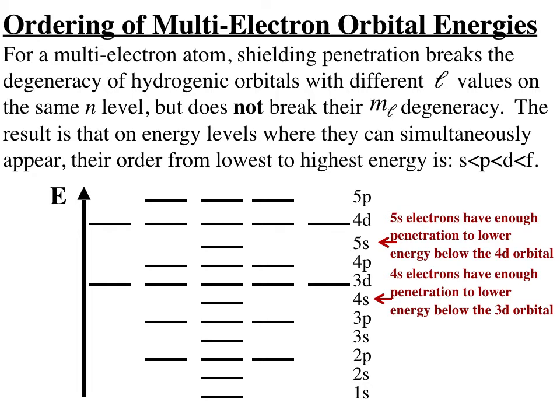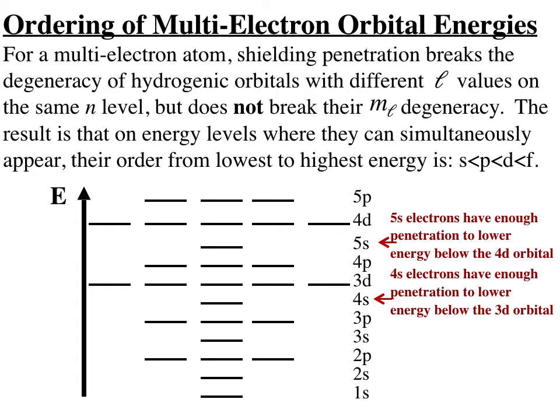But something even more bizarre happens. And that is the fact that the energy level 4 s orbital has so much penetration of the core that it lowers the energy of that s orbital even below an energy level 3d.